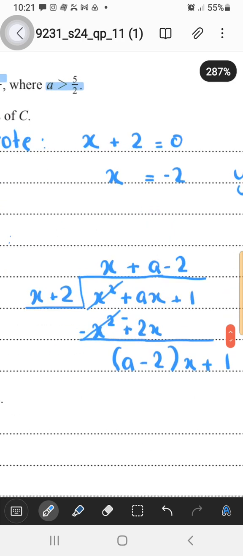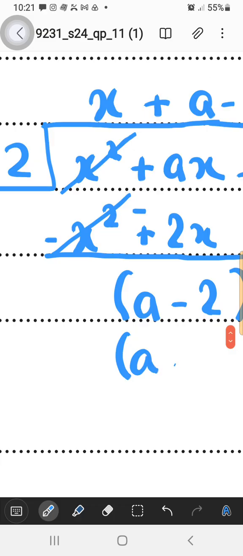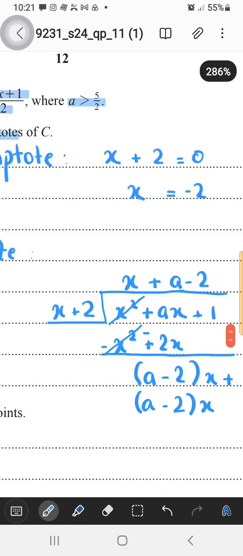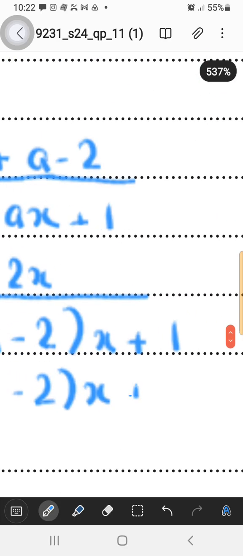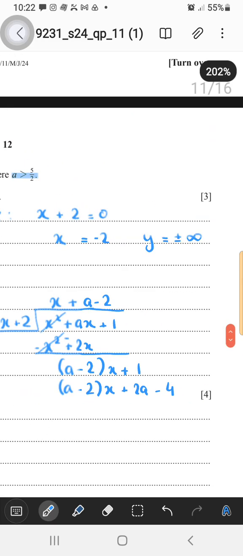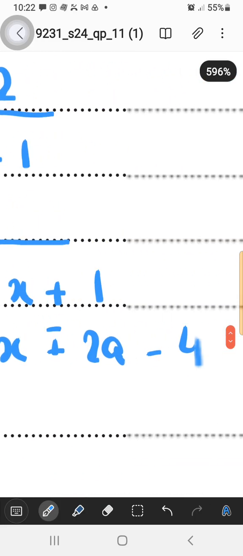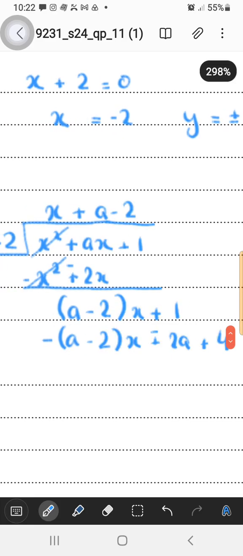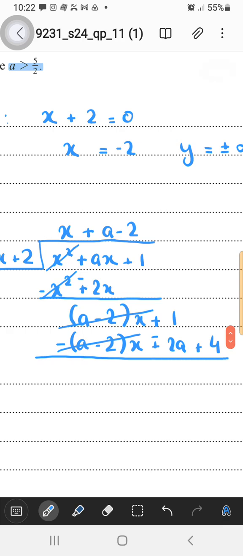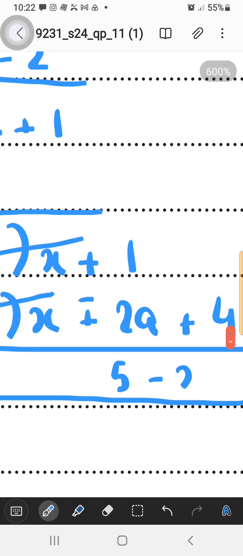If we multiply a minus 2 with x, it becomes ax minus 2x, which can be written as (a minus 2)x. Then you multiply a minus 2 with 2, so it becomes plus 2a minus 4. Again, we will flip signs: it gets negative, negative, and positive. Now we can cancel these two brackets, and here we will get 5 minus 2a as the remainder.